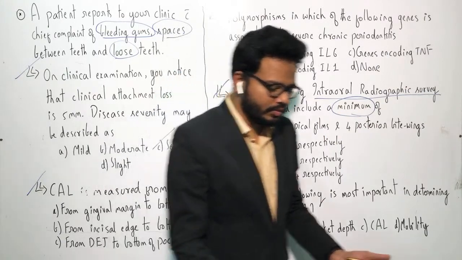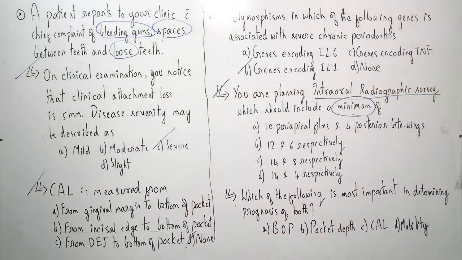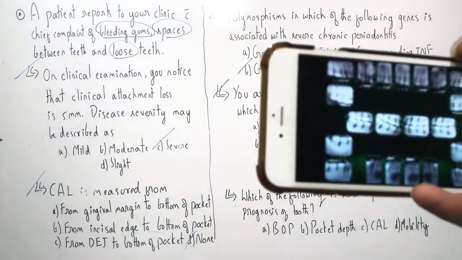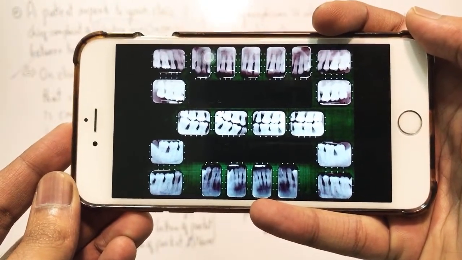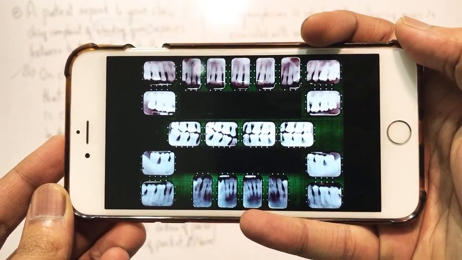Yeah, I'll show you a radiographic image, the collection of radiographs which are part and parcel of an intraoral radiographic survey. Can you count the number of bite wings and periapical films in this particular image?